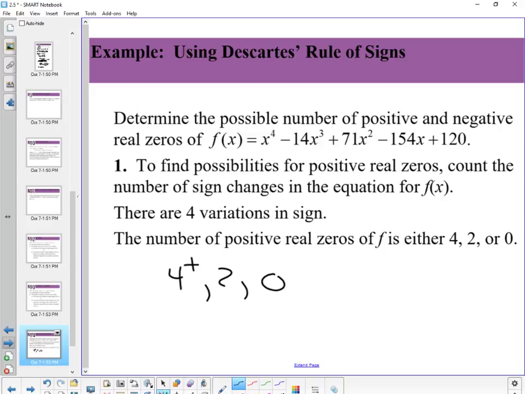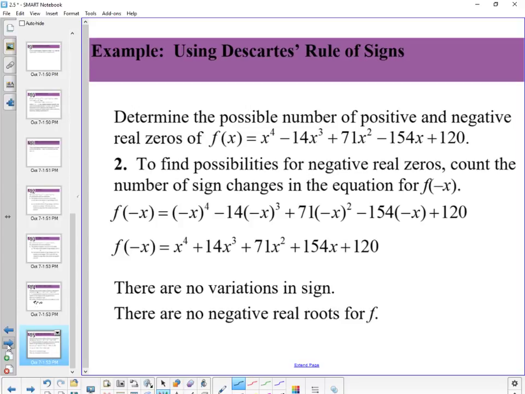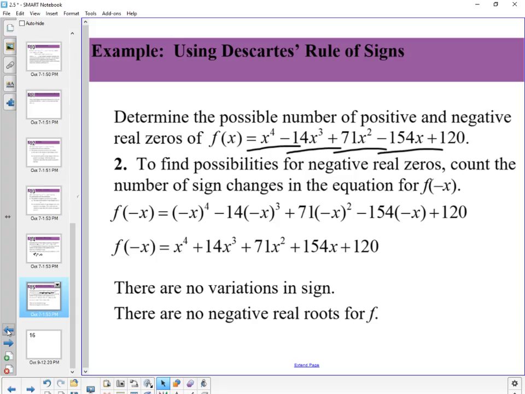Now, to figure out how many negatives I would have, I need to plug in a negative x, get a new function that probably looks like this, and then I would count its number of changes. So it looks like 1, 2, 3, 4. Wait, there's only 3 changes? There's 1 change, 2 changes, 3 changes, 4 changes. But that'll be positive to positive.